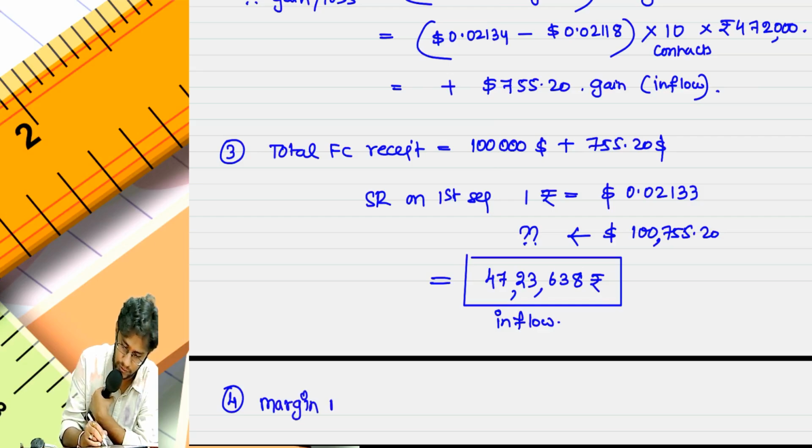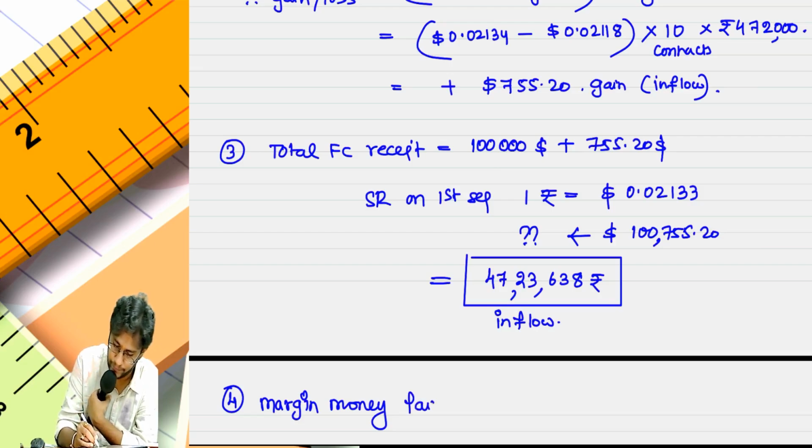Fourth point, right? Margin money paid will be released: Rupees 1,50,000.